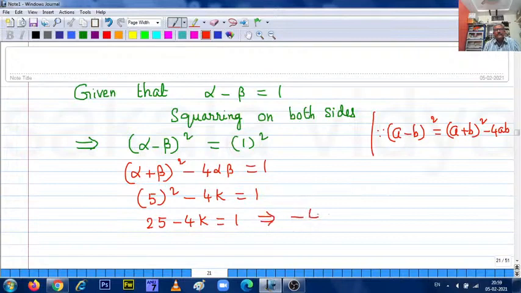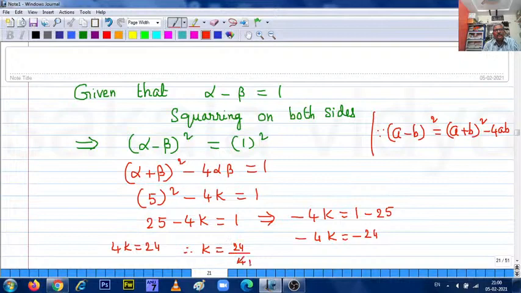So minus 4k equals 1 minus 25, so minus 4k equals minus 24. The minus minus cancel. We get 4k equals 24. Therefore, k equals 24 by 4. 4 sixes are 24. The answer is 6. So therefore, k is equal to 6. This is the answer.